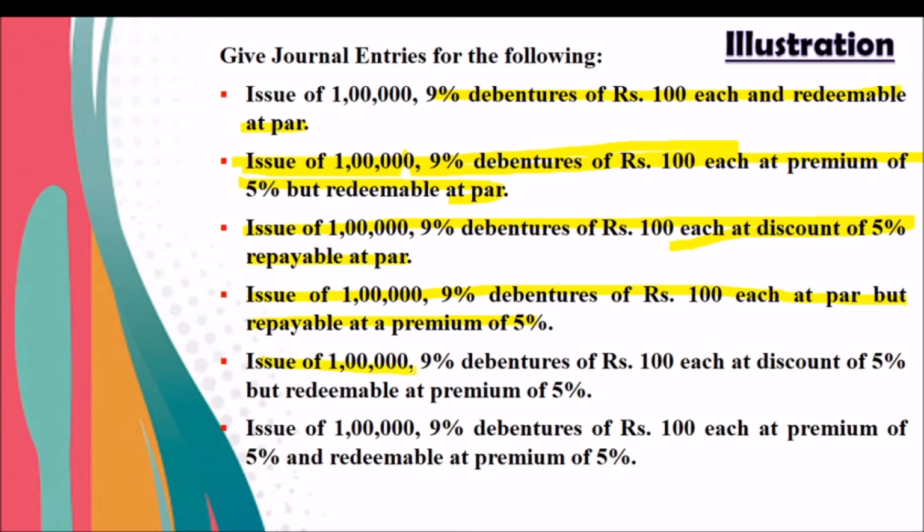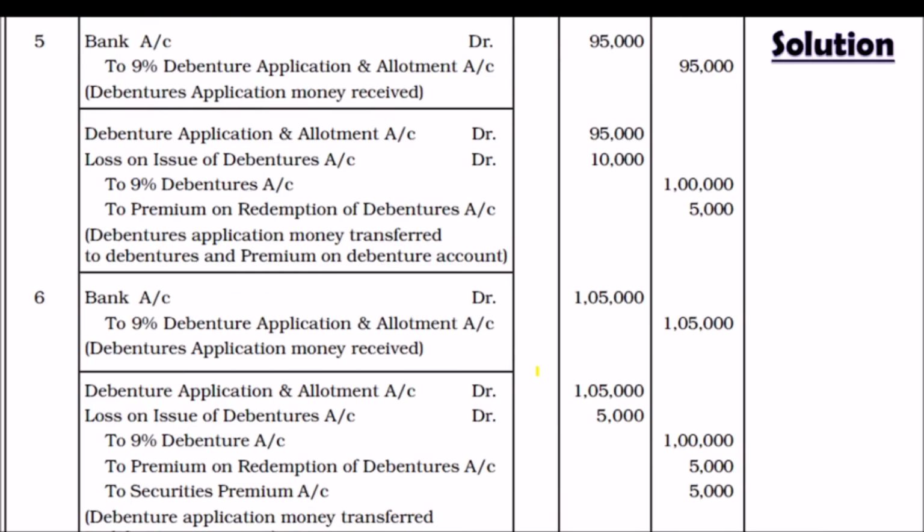And the fifth case, issued at a discount and redeemable at a premium of 5%. Issued at a discount, so bank account debit to 9% debenture application: 1 lakh minus 5,000 discount, 95,000.